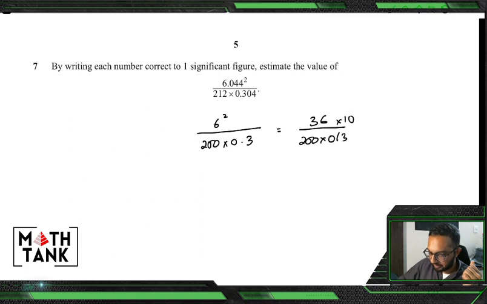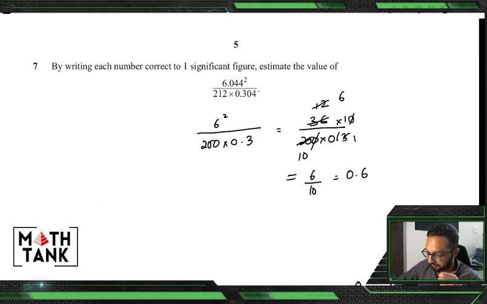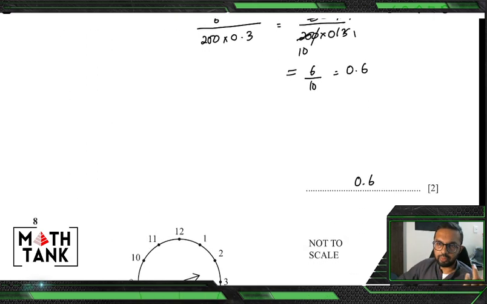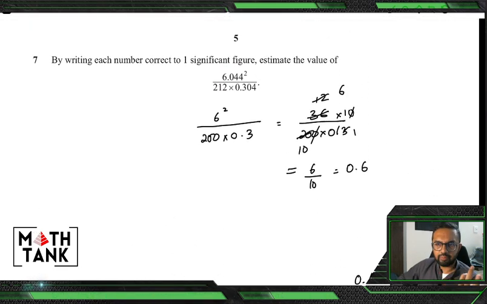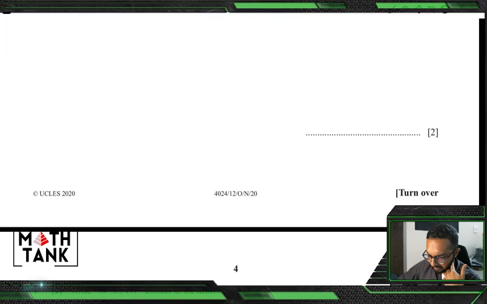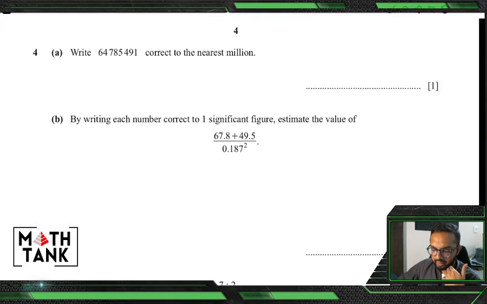So I remove the decimal, I get a 10 in the numerator, a 0 cancels out. 3 times 1, 3 times 12, 2 times 10, 2 times 6. So I can say that this is 6 divided by 10, or just 0.6. I can reduce it, write it whichever way I want. I'm still going to get those 2 marks because it doesn't say whether I need a fraction or a decimal or whatever the question may be.